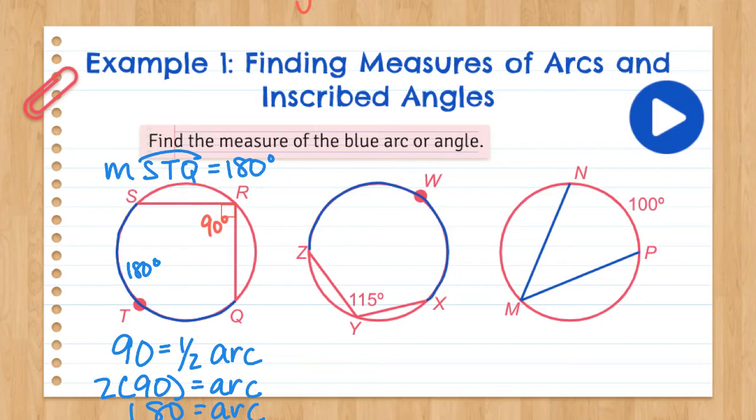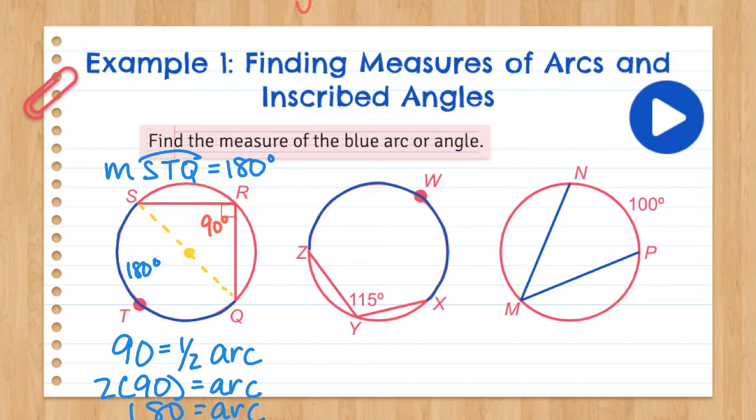It's also interesting to notice here that if I were to connect S to Q in a straight line, it would create a straight line, and that straight line would go through the center of the circle.